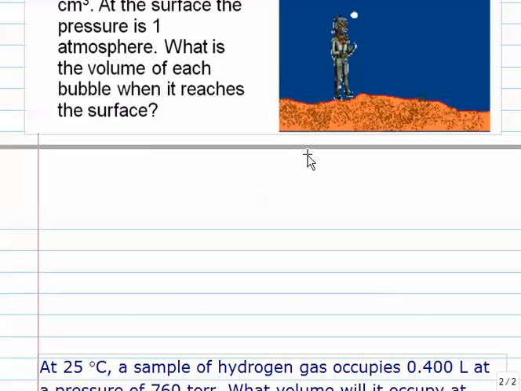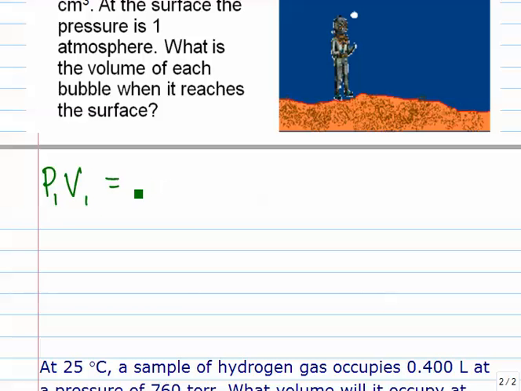Boyle's law says that pressure times volume is a constant. That is, they're inversely related. So we can write P1 V1, my initial pressure and volume, is equal to P2 V2. Since I have a trapped amount of gas, n is constant, and I'm going to assume here that the temperature is also constant.